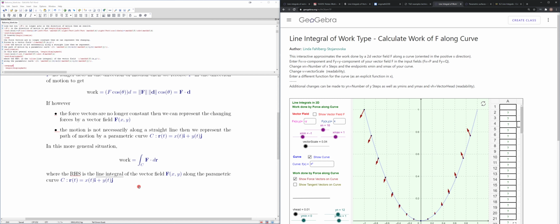So the work done going from this point along your curve to this point, by the forces acting on the particle as it moves along the trajectory, is given by this formula over here, which is a line integral of your vector field.